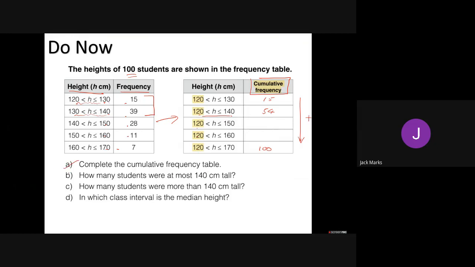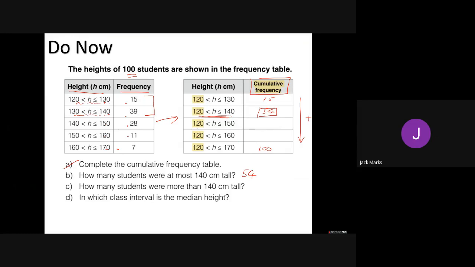And just to check some of these questions here, how many students were at most 140 centimeters tall? Well, here I'm looking at everybody from 120 to 140. So the cumulative frequency table is very easy to use to answer questions like this. How many students were more than 140 tall? Well, 54 were less.